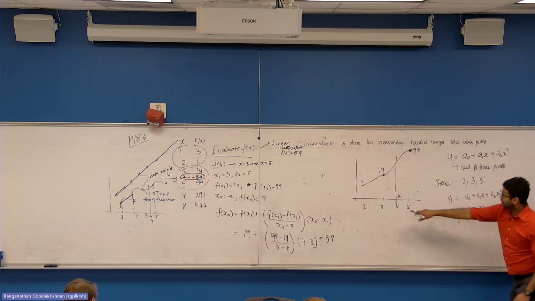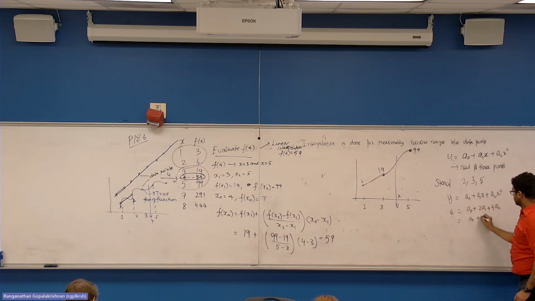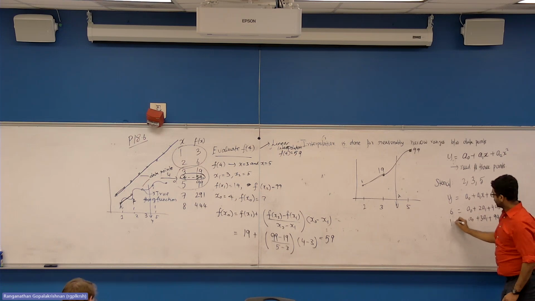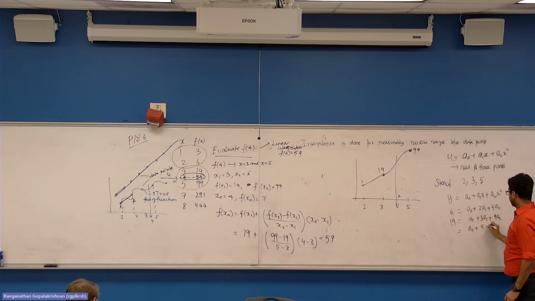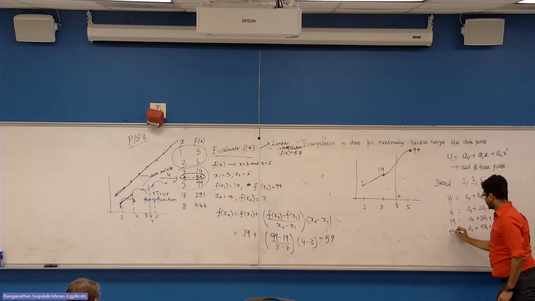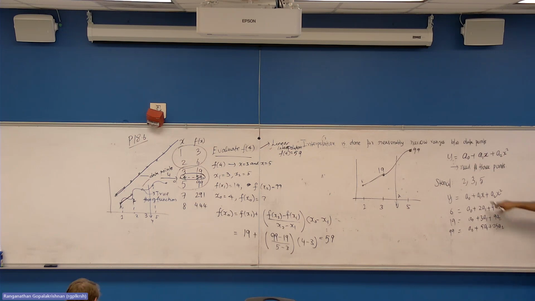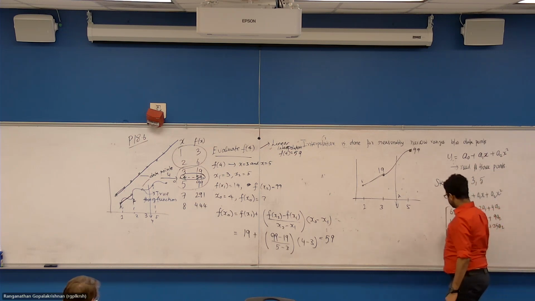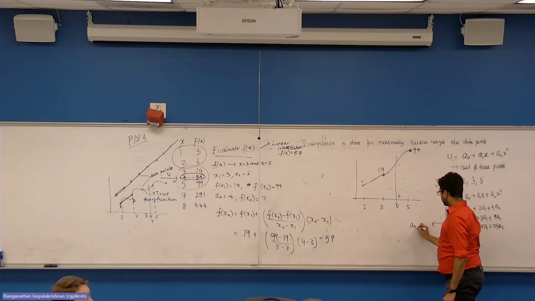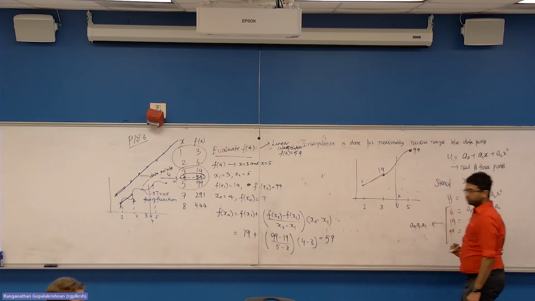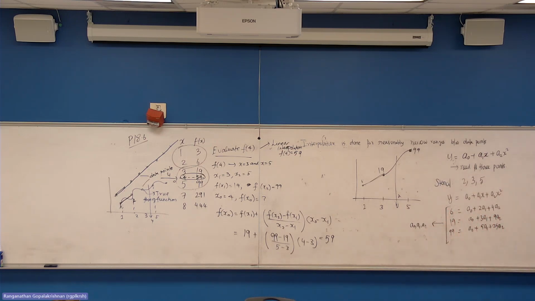And then for 3, I have a0 plus 3a1 plus 9a2 equal to 19, and a0 plus 5a1 plus 25a2 equal to 99. You can write 3 equations in 3 unknowns if you have a stencil that contains 3 points to get a0, a1, and a2.